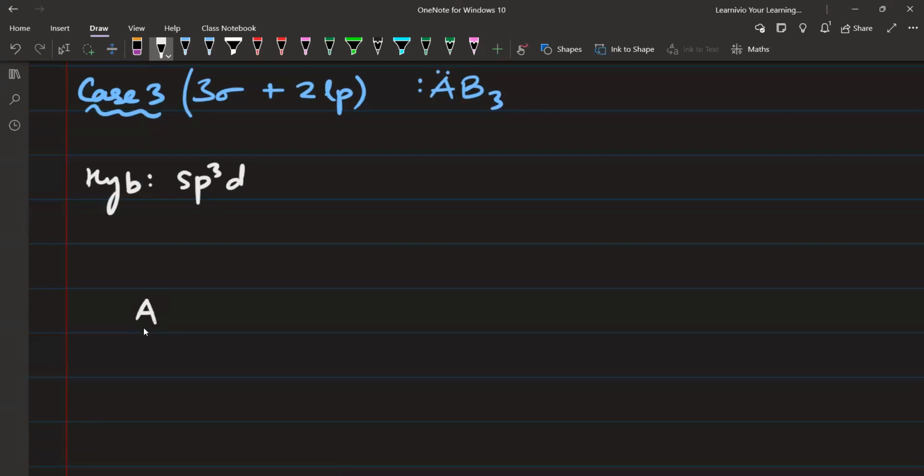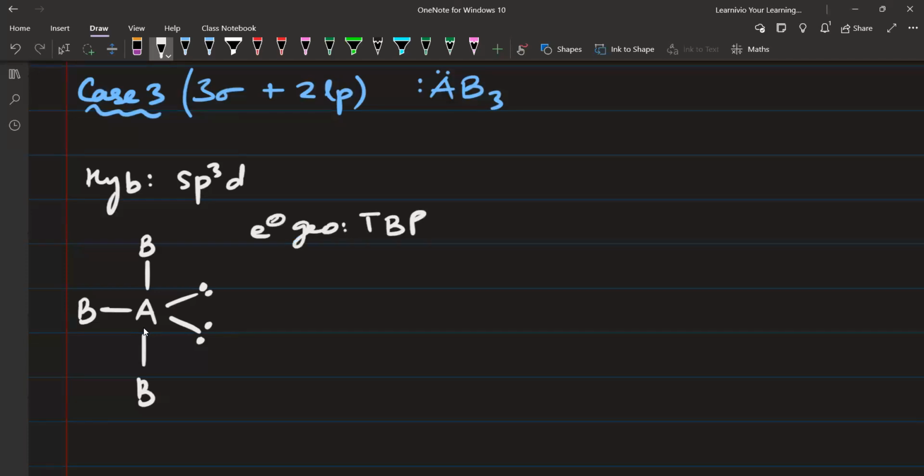A, C in the plane, one above, one below. So the 2 lone pairs will still be in the equatorial position. Here we'll keep one B. Here we'll keep one B. Here we'll keep one B. Electronic geometry is trigonal bipyramidal. And this, if you can see, is like a modified T shape, right?